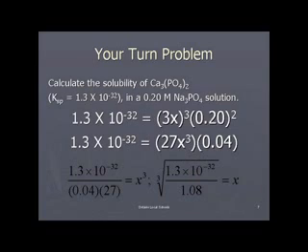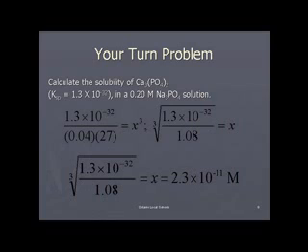When we go to solve for x, we first take our 1.3 times 10 to the negative 32nd and divide it by 0.04 and by 27. That isolates the x cubed on one side, and then we solve for x by taking the cube root of that, again simplified, 1.3 times 10 to the negative 32nd divided by 1.08. The cube root of that will equal x.